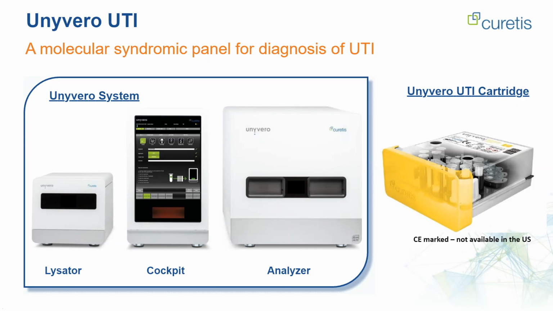So the lysed sample and the polymerase master mix tube are inserted into a cartridge, and this cartridge then gets inserted into the analyzer unit. The whole process is guided by a cockpit, which provides a barcode scanner to track cartridges and patient samples, and which displays the final results. And comprehensive results are then available in about 4 to 5 hours.